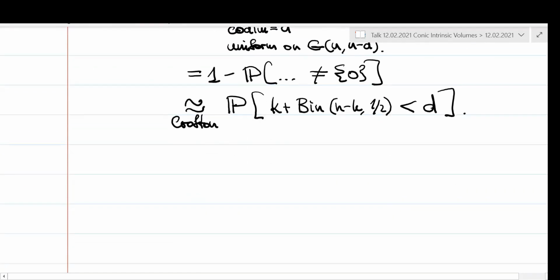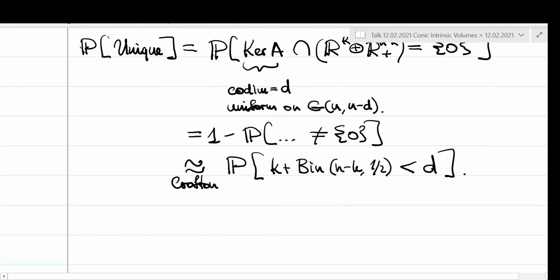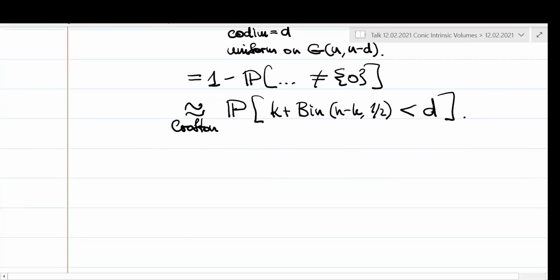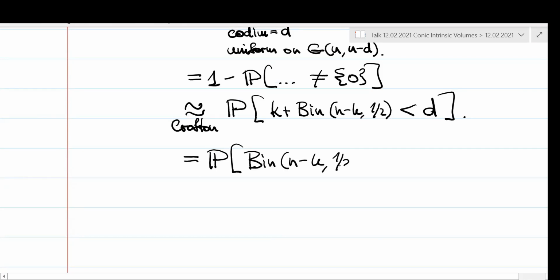Of course, we have here an approximation, but if you want it to be exact, you have to take this sum over odd or over even numbers. And now this is the same as the probability that a binomial random variable with parameters n minus k and 1/2 is smaller than d minus k.